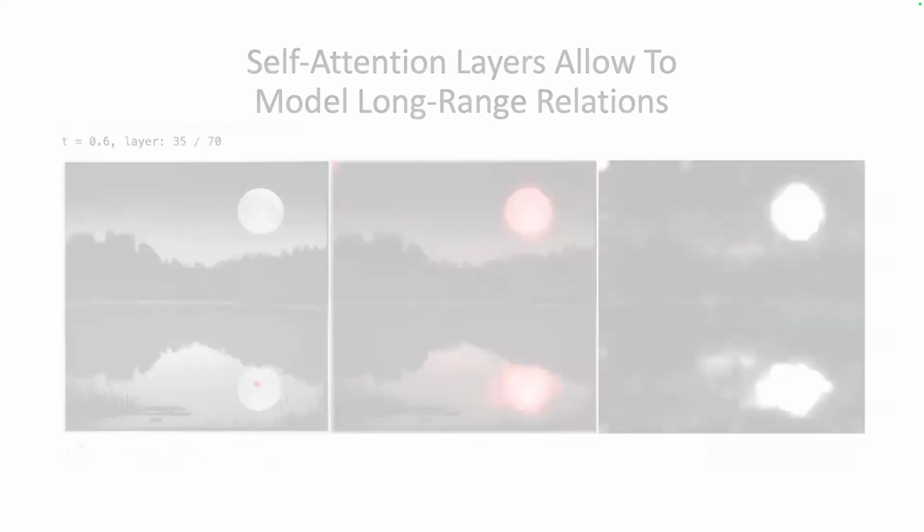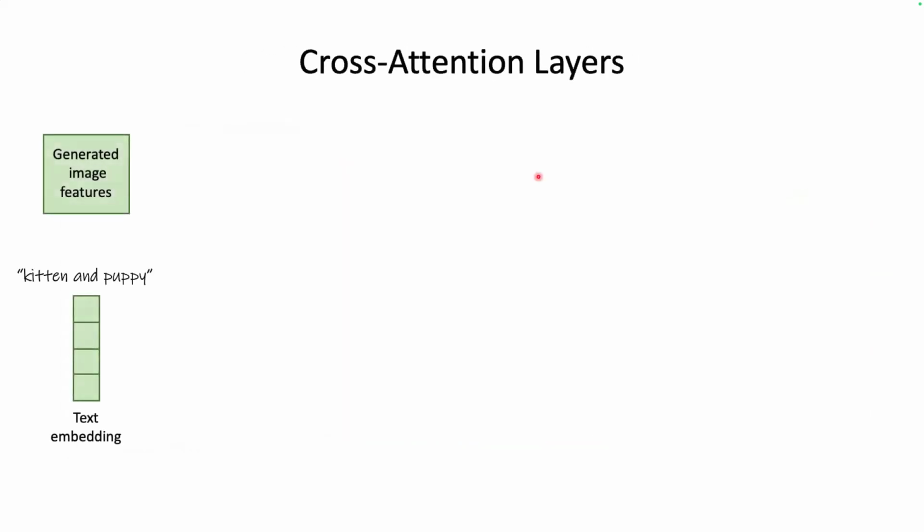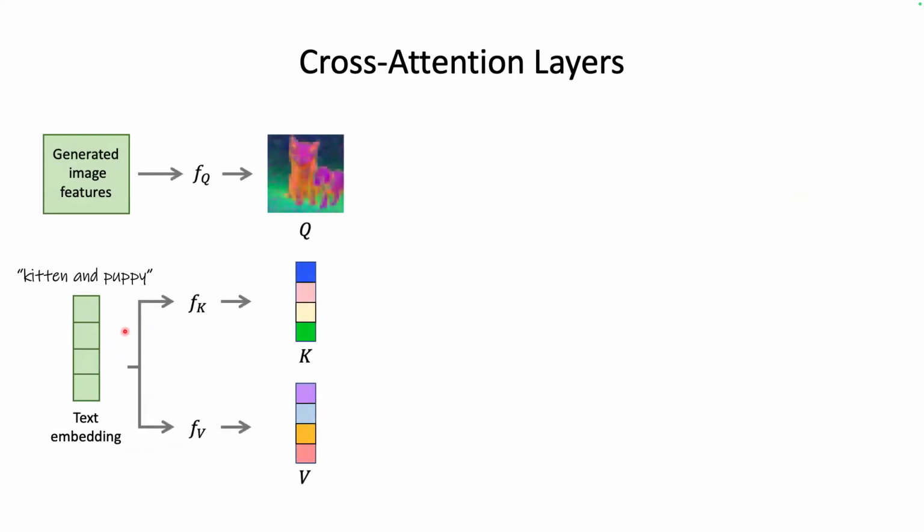Okay, so now let's move to cross attention. This is very similar to self-attention, but here we have two inputs, not only the features of the generated image, but also the input text embedding. So in cross attention, again, we project the inputs into queries, keys, and values.